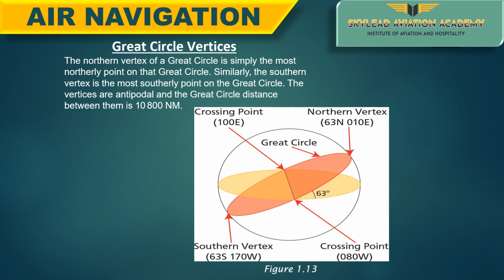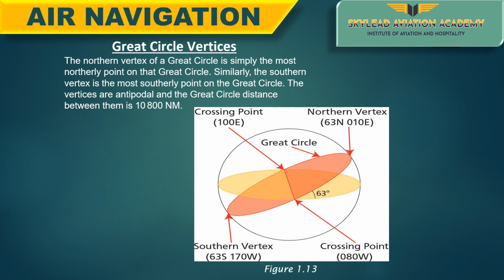At either of its vertices, the direction of the great circle will be east 090 degrees or west 270 degrees. Knowing the coordinates of either vertex enables calculation of where and at what angle the great circle crosses the equator.